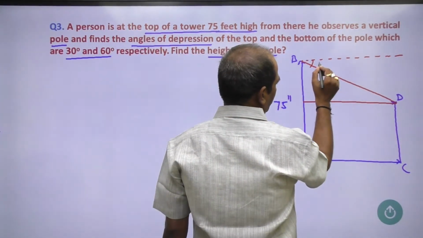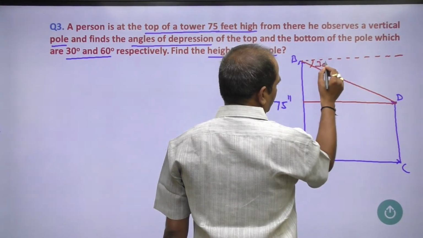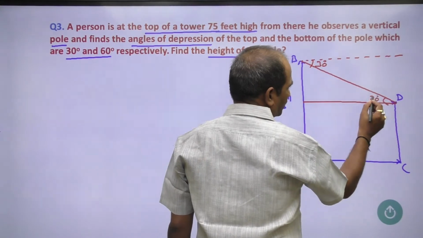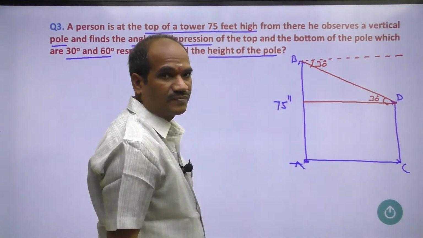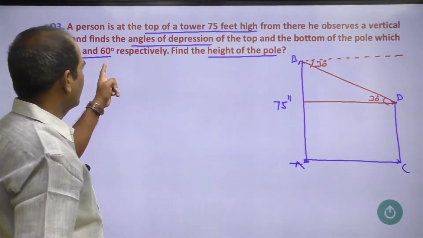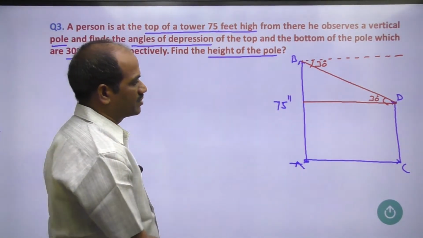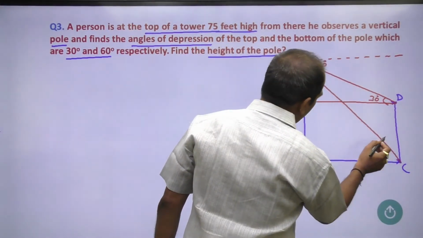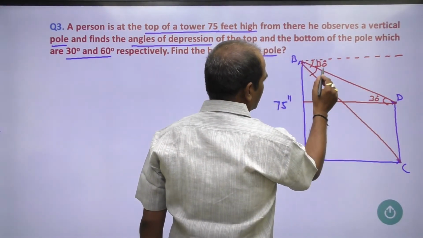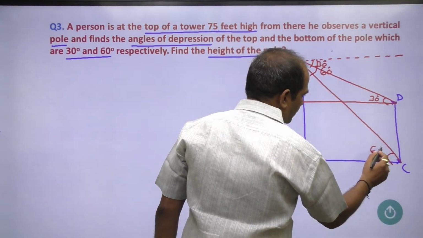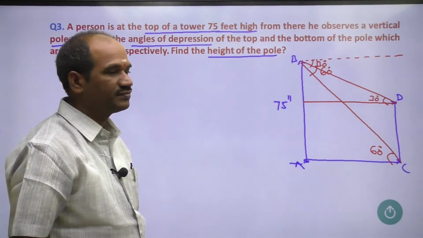So here this angle is also 30 degrees. Next, for the bottom, the angle of depression is 60 degrees. So here this angle is 60 degrees.